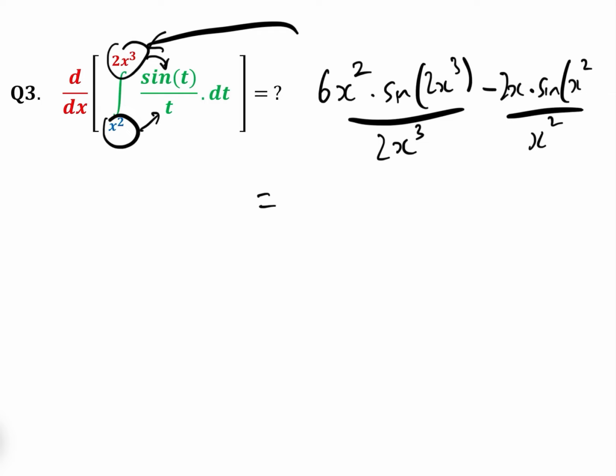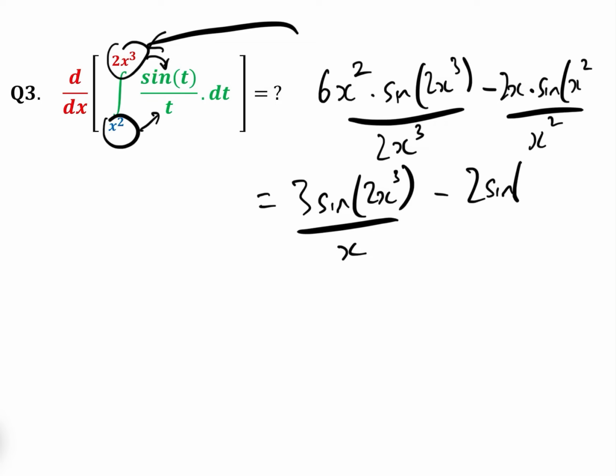And all we need to do now is just tidy this up. That's 3 sine 2x cubed over x minus 2 sine x squared over x. And again, that is the answer.